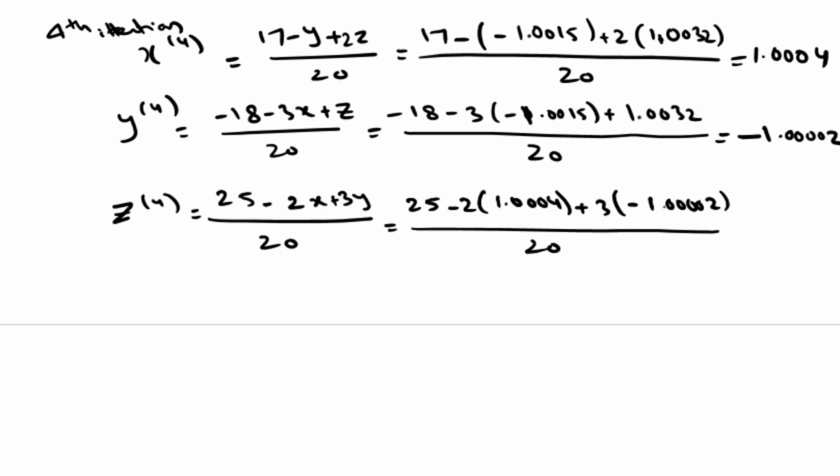We can obtain this value as 0.9996. These are the values of x, y, z in the fourth iteration.